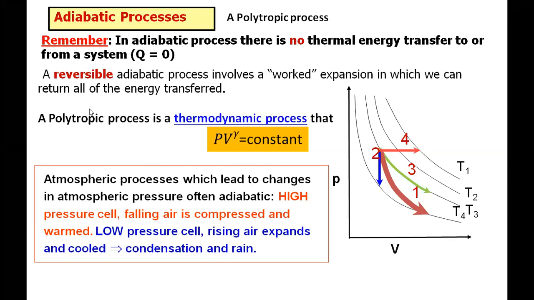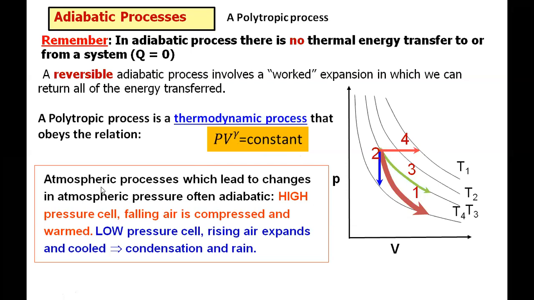Okay, so a polytropic process is a thermodynamic process given by the relation PV to the power gamma equals constant.